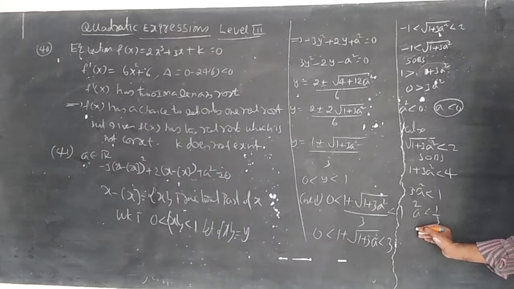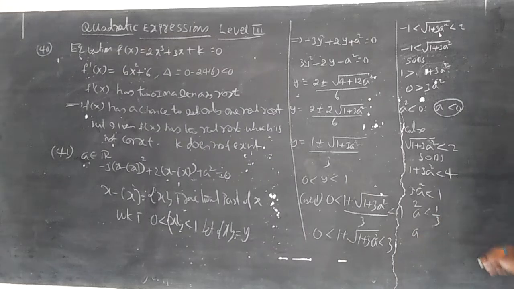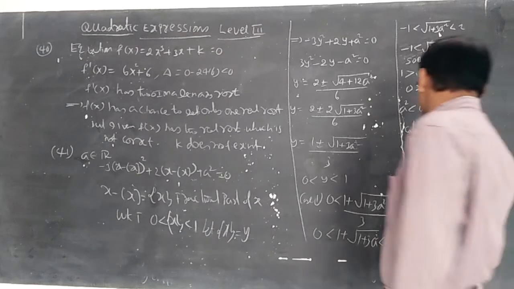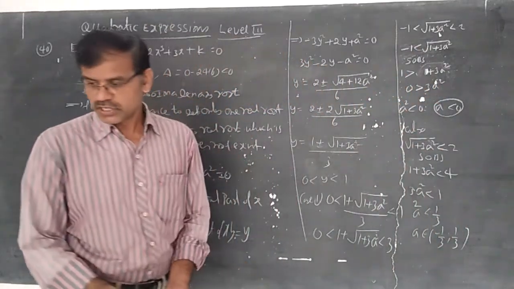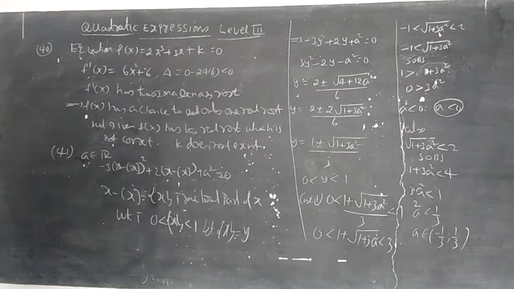Yes, a square less than 1, and a belongs to minus 1 comma 1. It is right. Okay, next another case let us discuss.